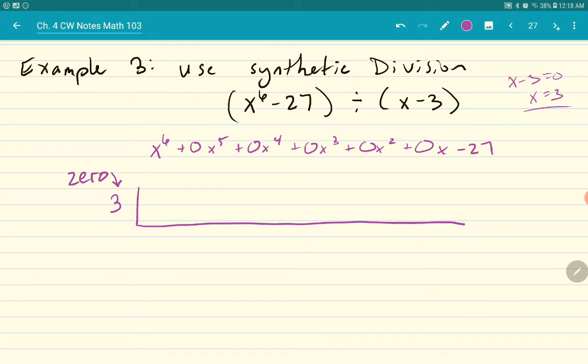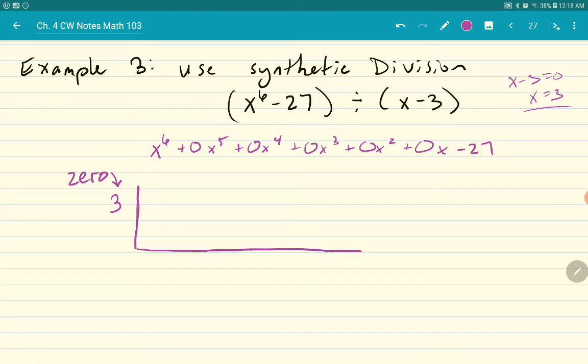So that 0 goes on the left-hand side. And on my right-hand side, I draw a bar that has space for 2 lines of writing, and a big long bar. So it's almost like an upside down division bar. And then instead of writing this whole polynomial, I'm just going to look at the coefficients. So I know I have every term listed, with 0s for placeholders.